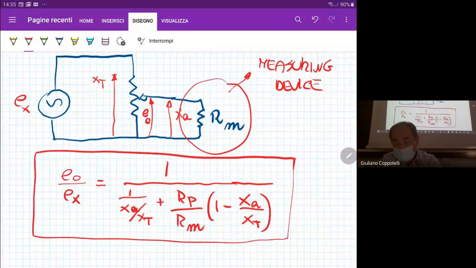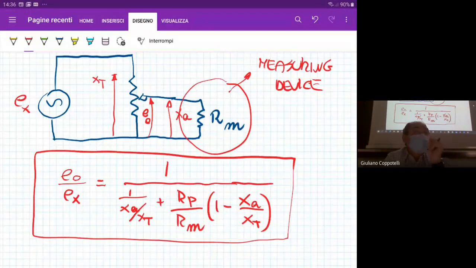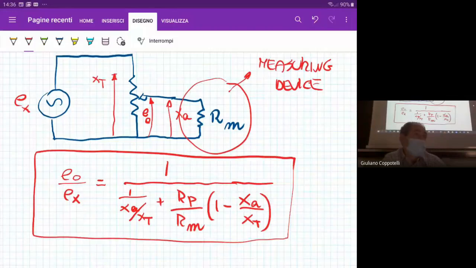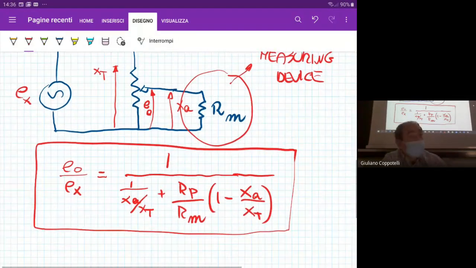Please note that just the measuring resistance is of interest for this circuit. So no impedance at all, no inductive, no capacity. No equivalent inductor or equivalent capacity is of interest for this measurement. Just the resistance. Now let's prove this.